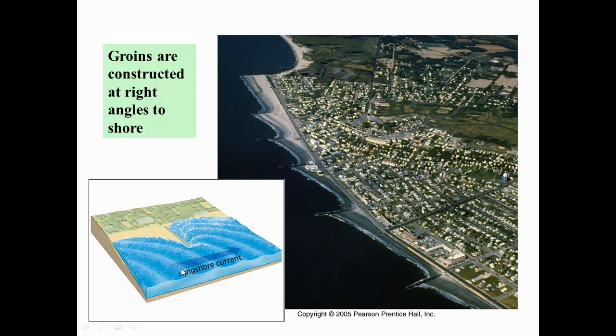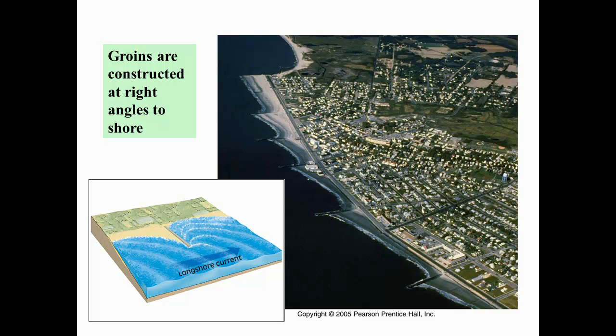So in other words, here in this inset, the longshore current is going from left to right. And notice that the sediment is piling up on the upcurrent side of the groin. So in this photograph to the right, we see that the sediment depositional pattern indicates that the longshore current is moving towards the upper left-hand corner of this photograph.